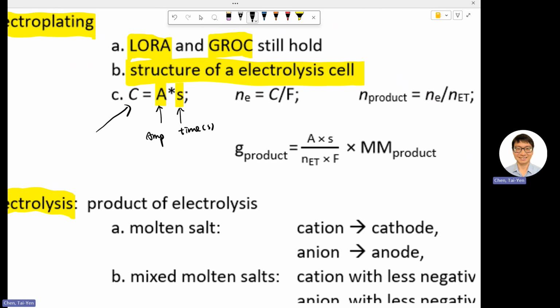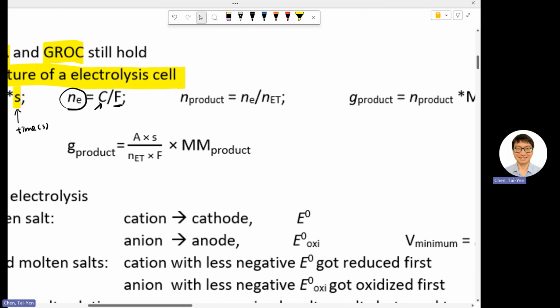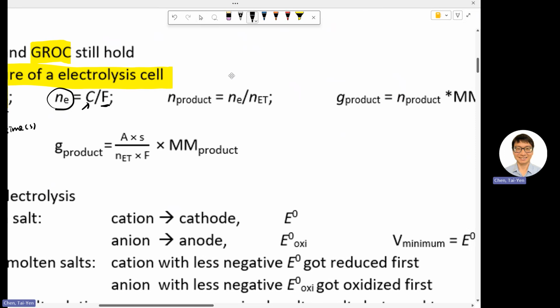Once you do that, you will know how many electrons you bring into your electrode. Then you divide that by the Faraday constant, and then you know how many moles of electrons you can bring into your electrode. Then the next thing is you will know, to produce one mole of your product, how many moles of electrons you will need to have.